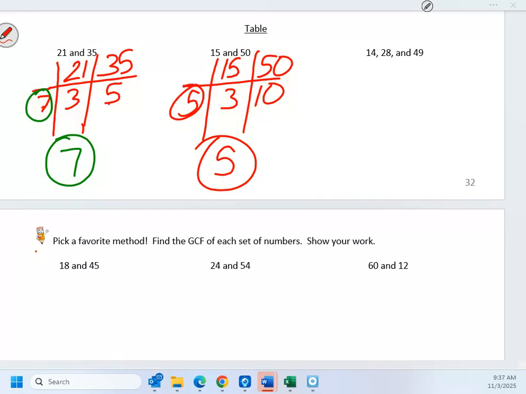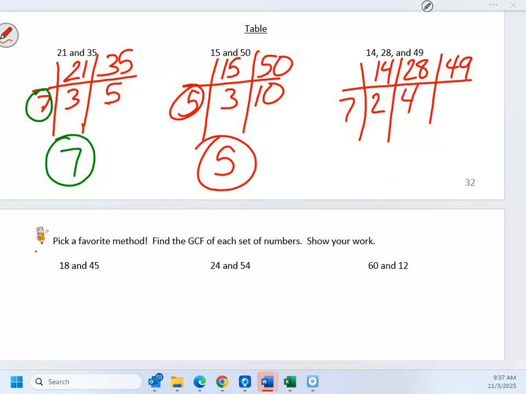Then when we have 3 numbers, we put all 3 numbers at the top. Is there a prime number that I can divide out of 14, 28, and 49? Fernandez? 7. 14 divided by 7 is 2. 28 divided by 7 is 4. 49 divided by 7 is 7. Is there another number I can divide out?